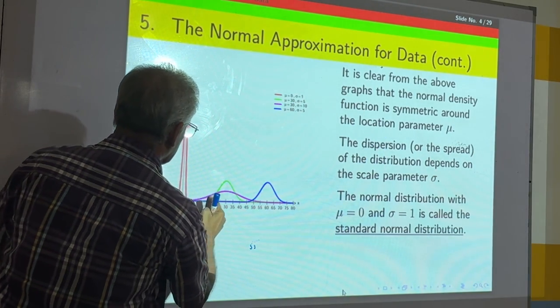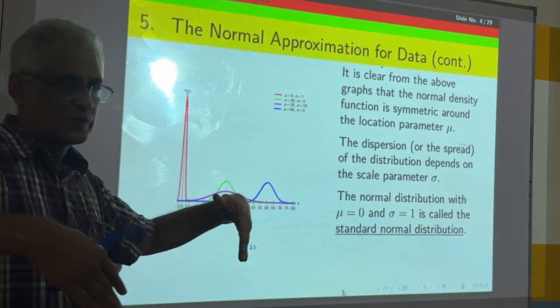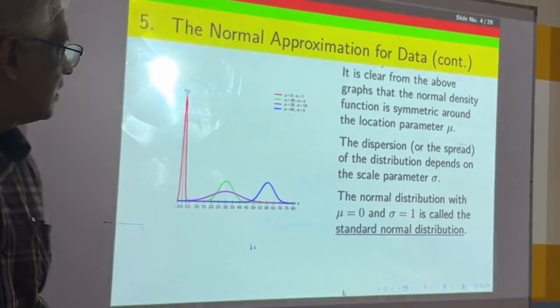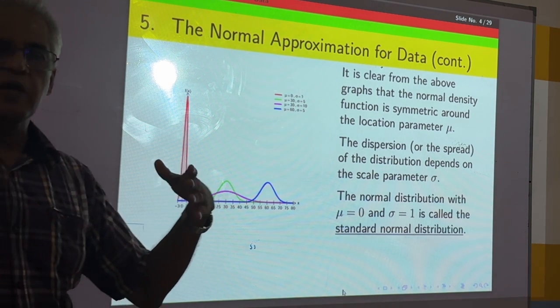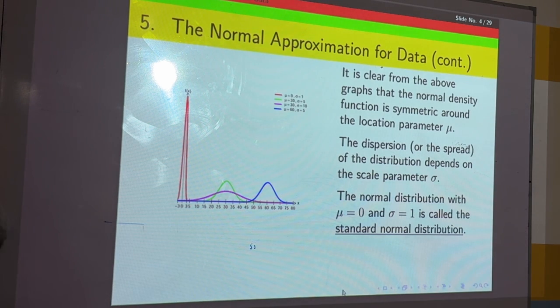You can see that almost all the curve is between those two numbers. For any normal distribution, that property holds: within mu minus 3 sigma and mu plus 3 sigma, almost all the area is between those two numbers.